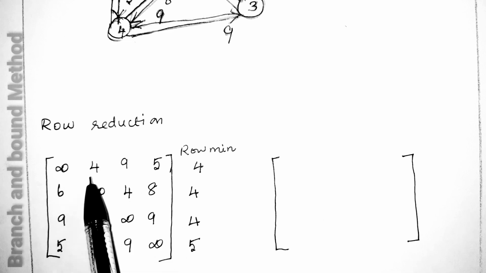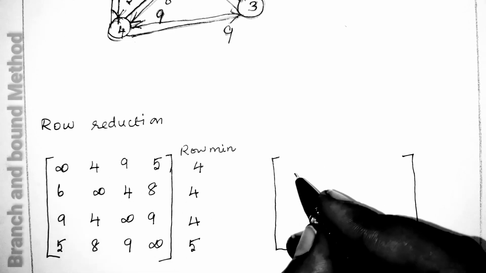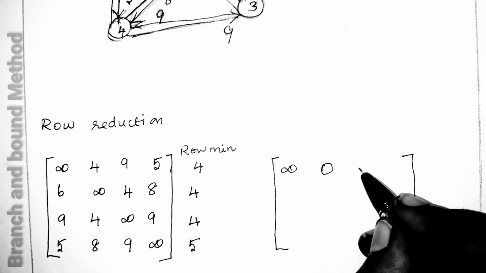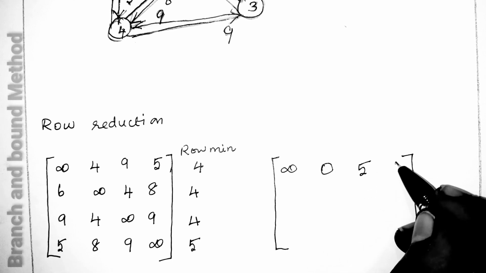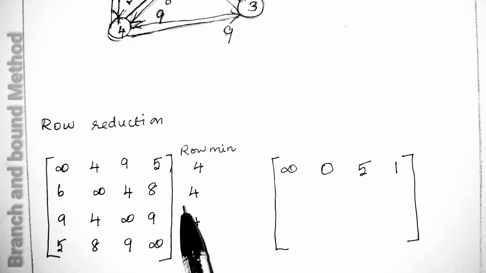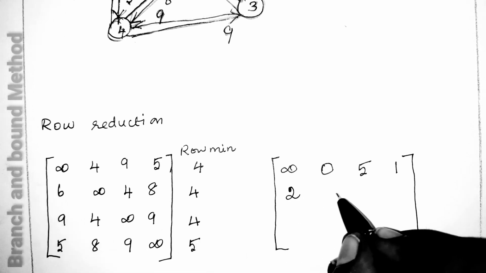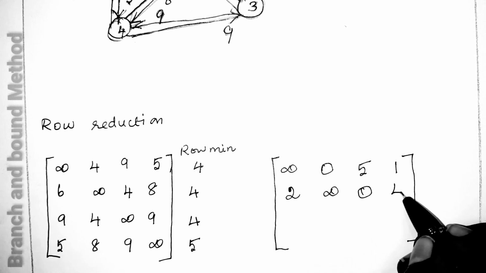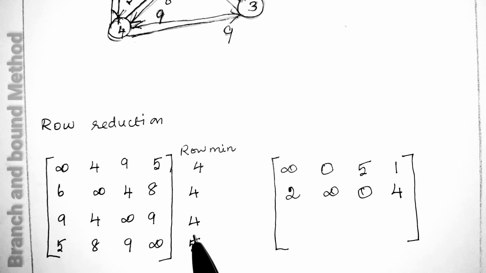First row, 4 is the least number. So infinity, 4 minus 4 is 0, 9 minus 4 is 5, 5 minus 4 is 1. Second row, 4 is the least number. So 6 minus 4 is 2, infinity, 4 minus 4 is 0, 8 minus 4 is 4. Third row, 4 is the least number.